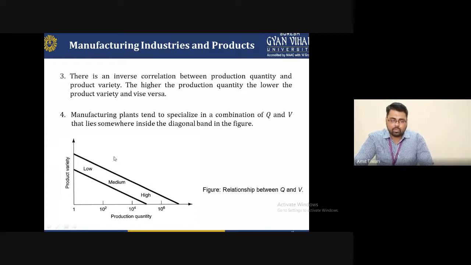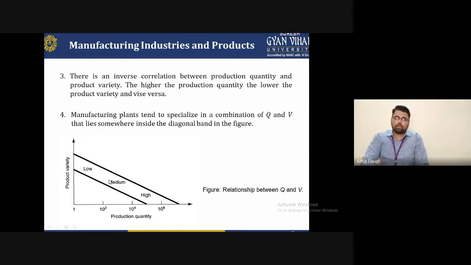If you invest very high money, you will not provide too much quantity, because you must manufacture different types of variety, so we reduce the variety. If you increase the product quantity, you will reduce the variety, because if you manufacture three products in the same condition, it will be confusing for you.